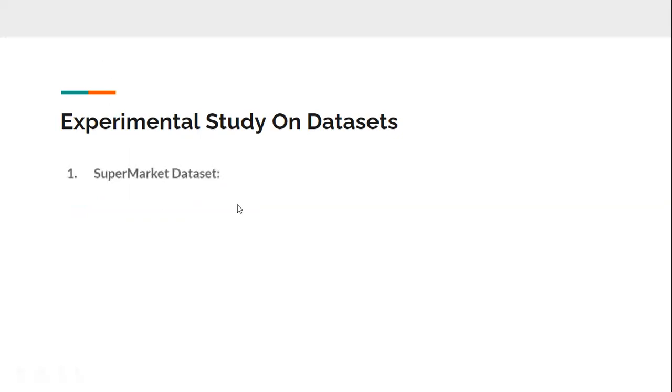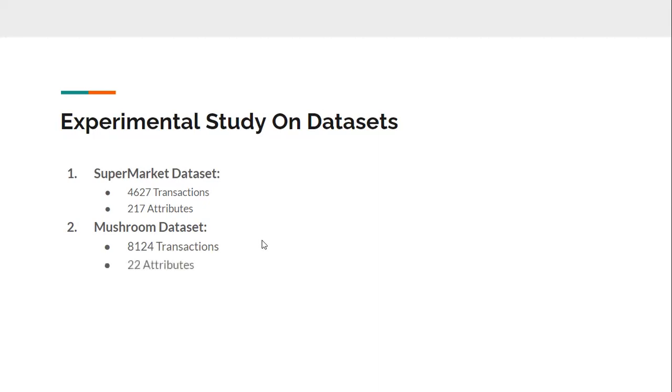The first dataset that we use is the supermarket dataset, which has 4,627 transactions and 217 unique attributes. The second dataset is the mushroom dataset, which has 8,124 total transactions and 22 unique attributes.